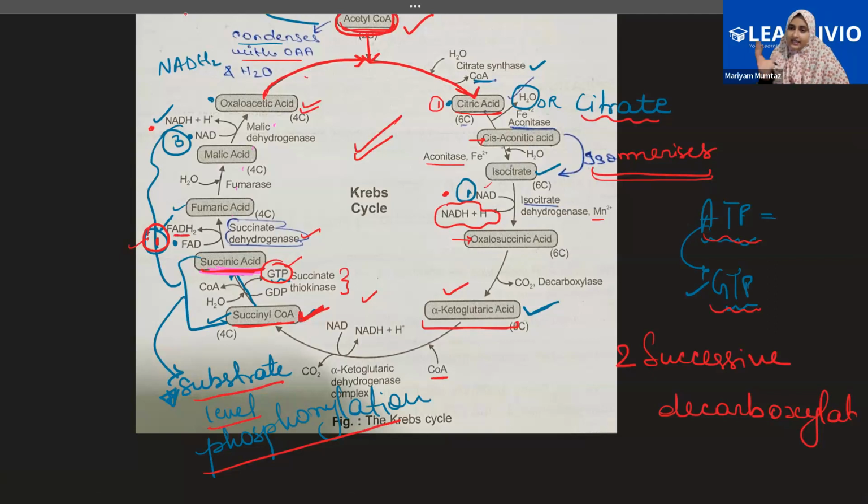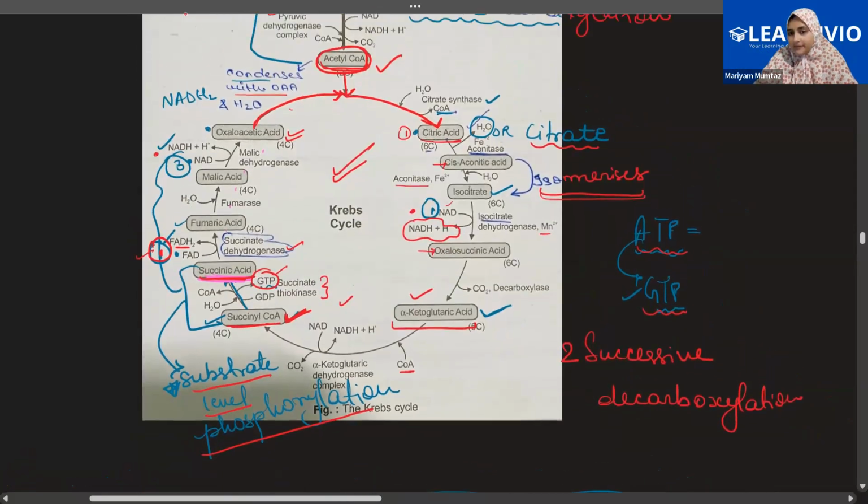Just like NADH2, we have another version, the FADH2. Then the fumaric acid gets converted into malic acid, and lastly, the malic acid regenerates the oxaloacetic acid so that the cycle can keep on going uninterrupted. So this is called your Krebs cycle.